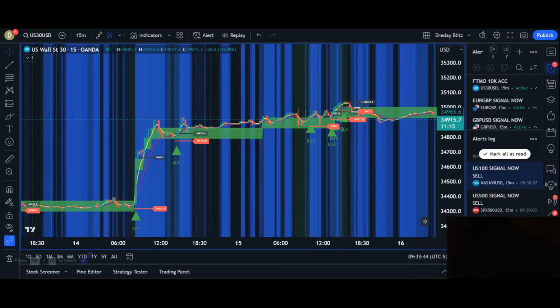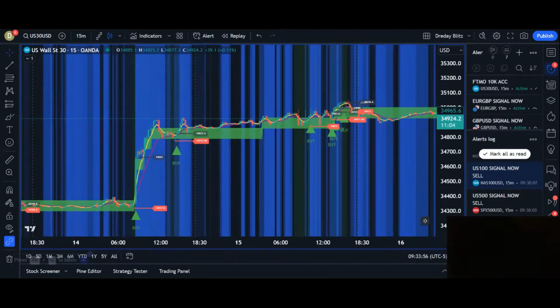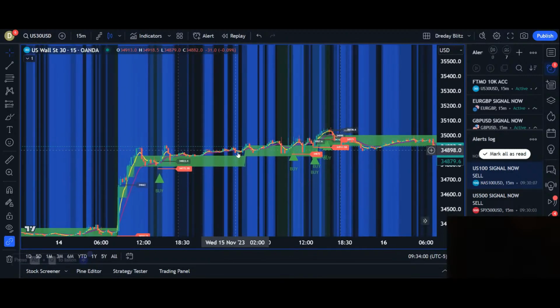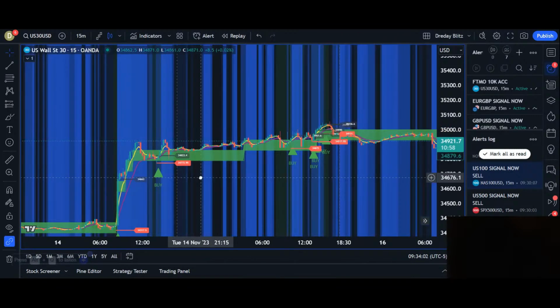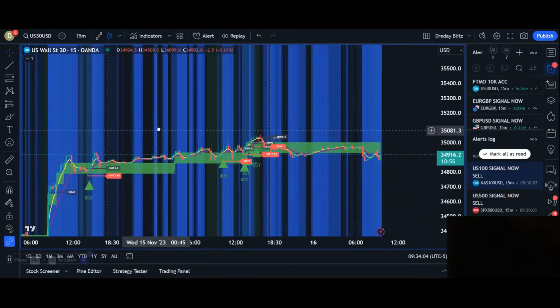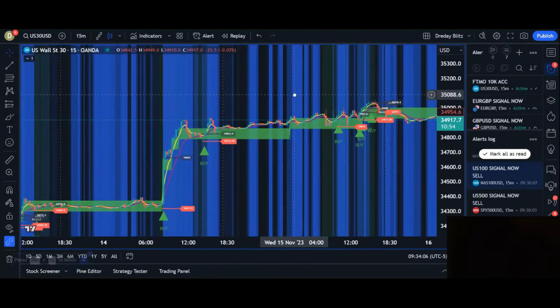With the alerts, I know that it's going to be a buy, and I know exactly that it's following the actual trend. So I don't have to think twice. I just take the trade, and I make sure that I put my stop loss and a take profit if there's any take profit.